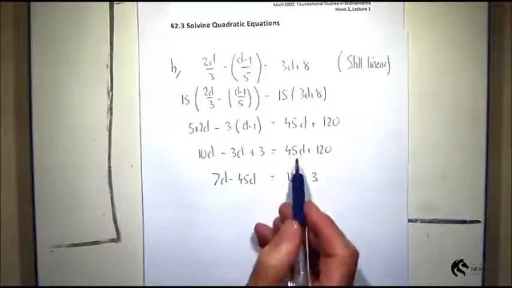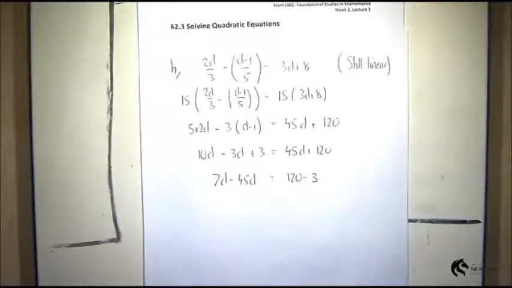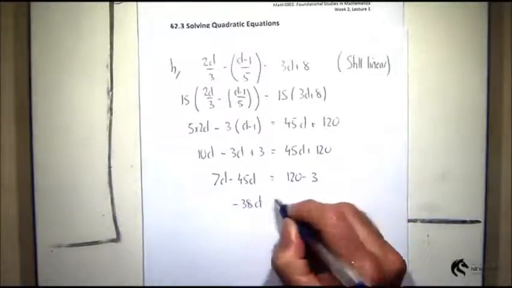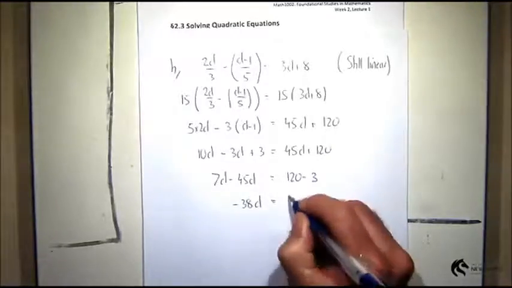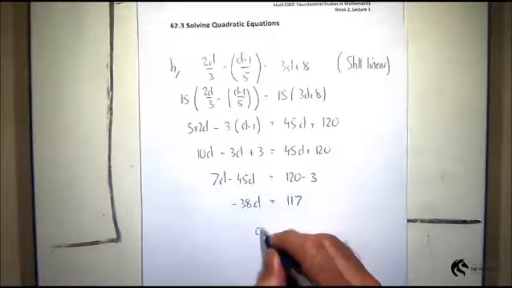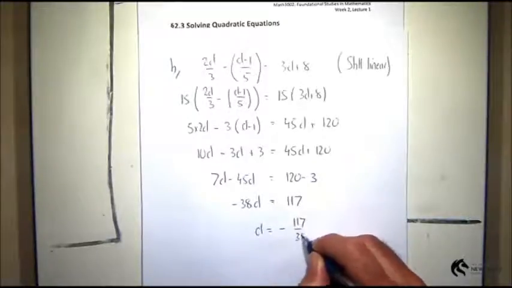So I've brought the 45d over to the left and put the 3 over to the right. 7d minus 45d will be minus 38d, and 120 minus 3 will be 117. Finally, d will be minus 117 divided by 38.